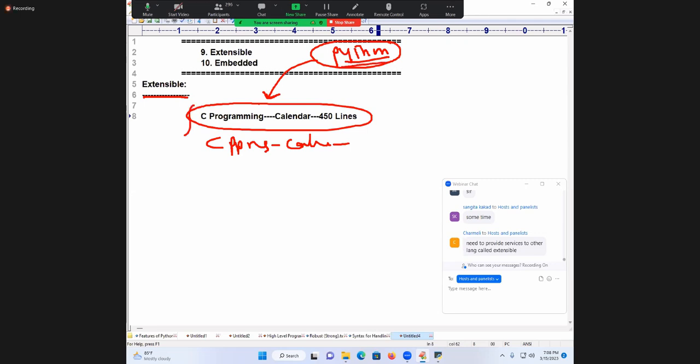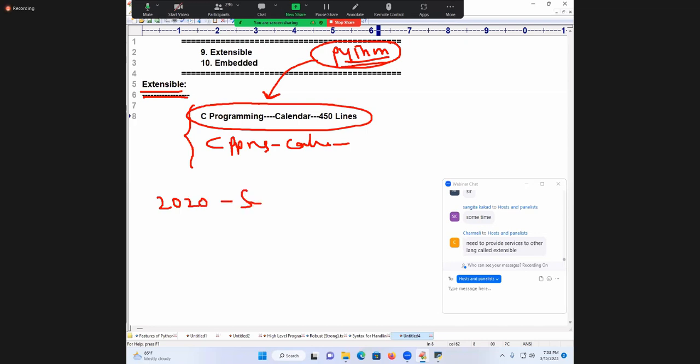Even though the language contains the feature of accessing, if Python is not providing it, definitely they cannot succeed. In simple words, Python programming provided its services to other languages. So Python is which language?